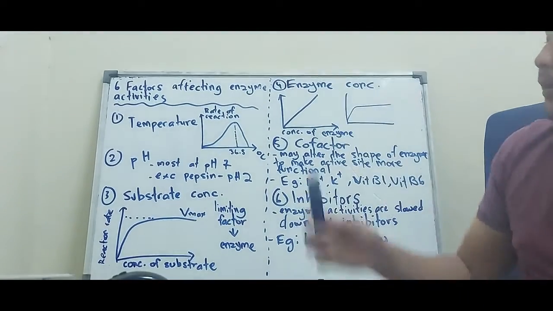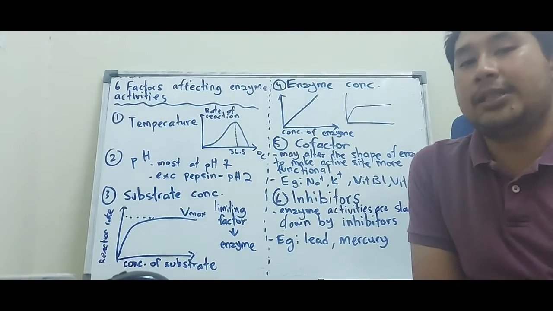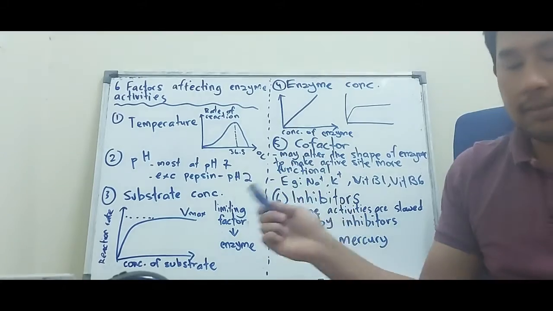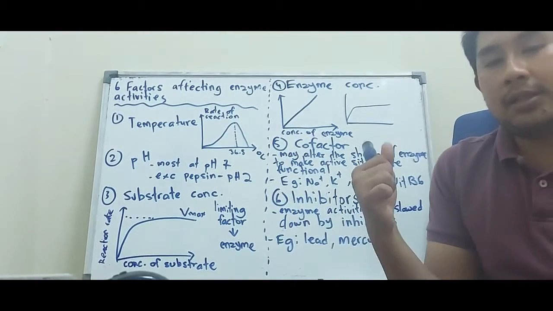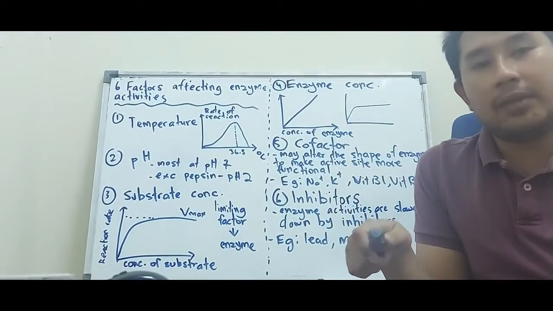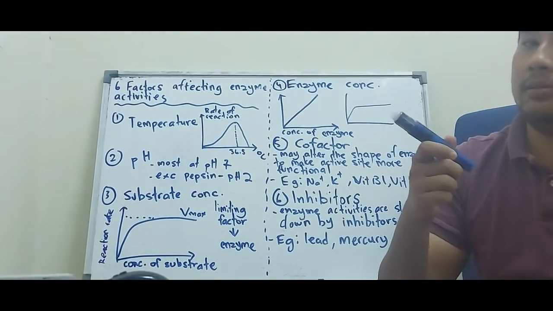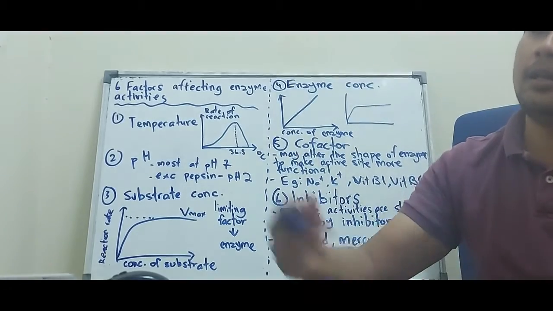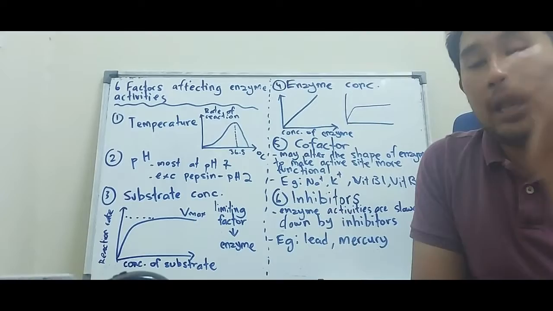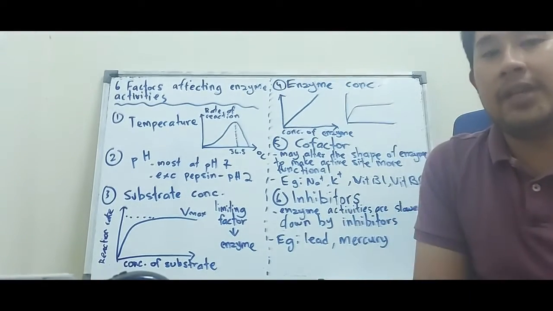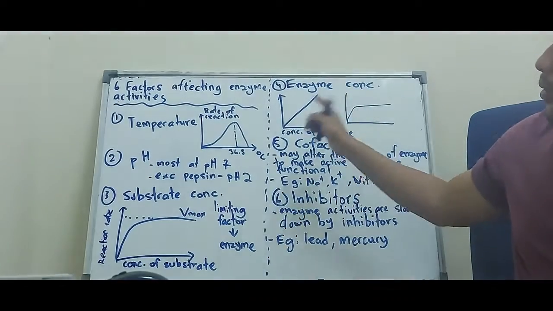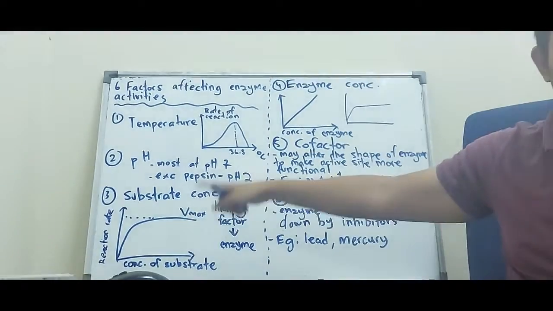Number 4. Enzyme concentration is quite different from substrate concentration. If you add more enzyme, the enzyme activity will continue increasing. It will increase and increase if the number of substrate is not limited. If the number of substrate is limited, what will happen? You will come back to the same graph.